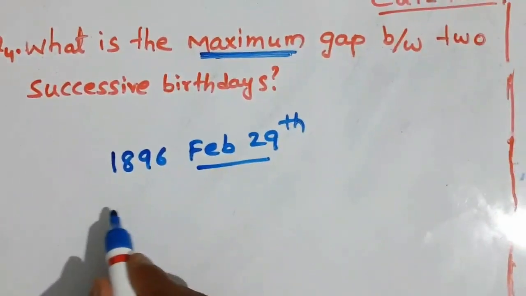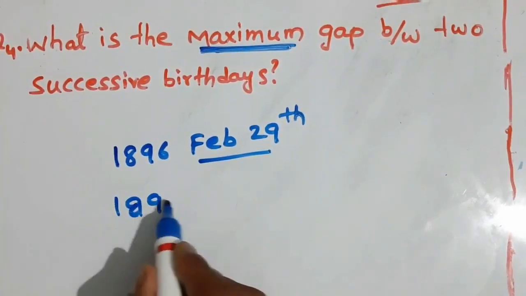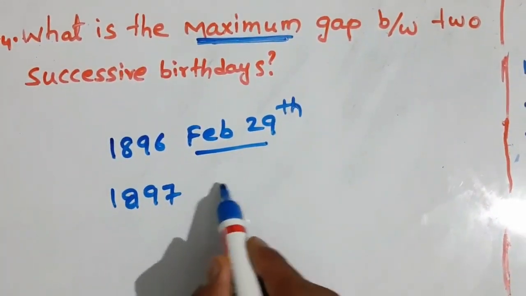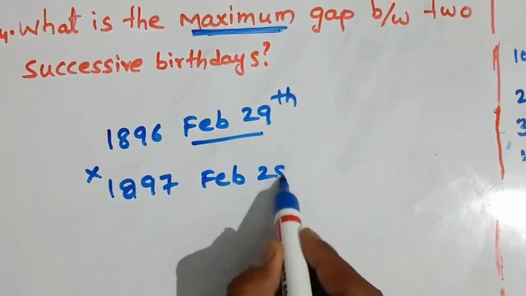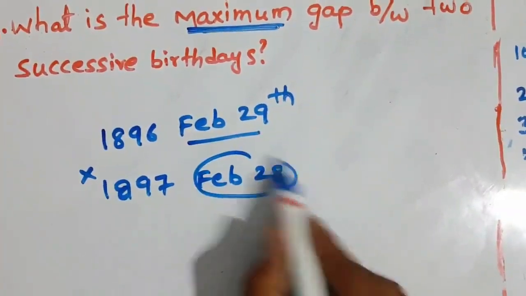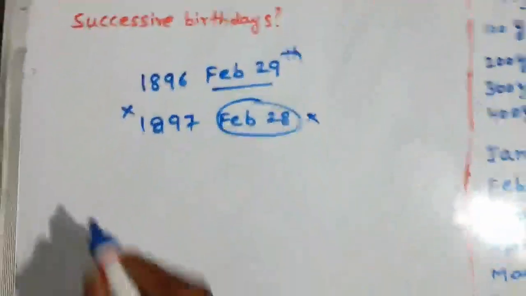Now next, 1897, it is not a leap year, so February having 28 days only, so he won't get a birthday here.